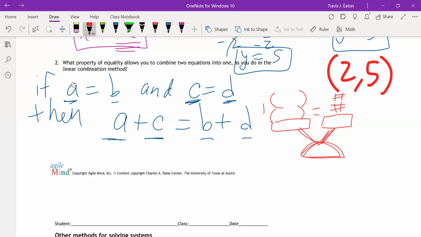So we can add these two together and add these two together, and it would still remain balanced. If that makes sense. I hope it does. I don't see any question marks in the chat, so I'm assuming that we're doing okay so far.